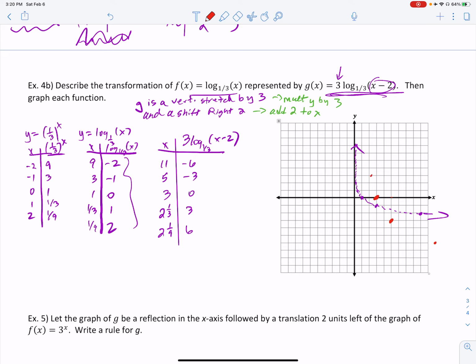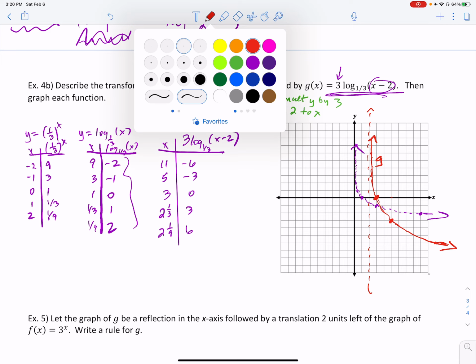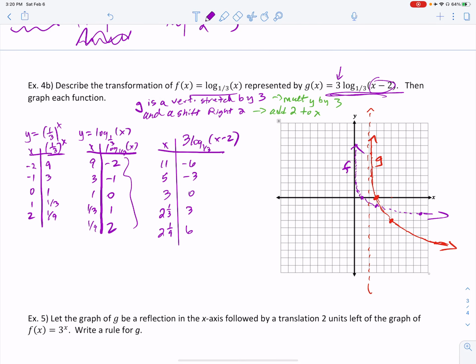And at 2 and 1/9, I'm up at 6. Because what's just happened is, since we shifted to the right, my vertical asymptote has shifted to the right. So it is going to curve, and it's going to continue forever. Put the arrows. So there is your G, and here was your F.